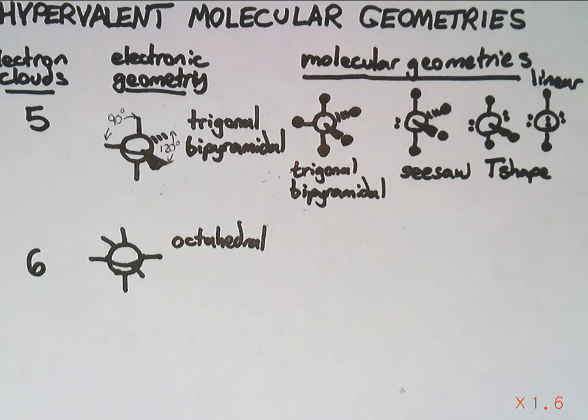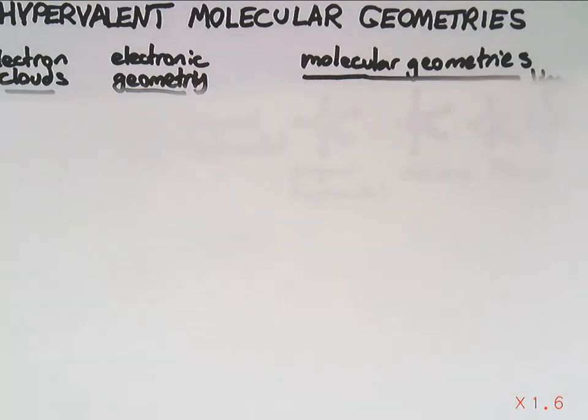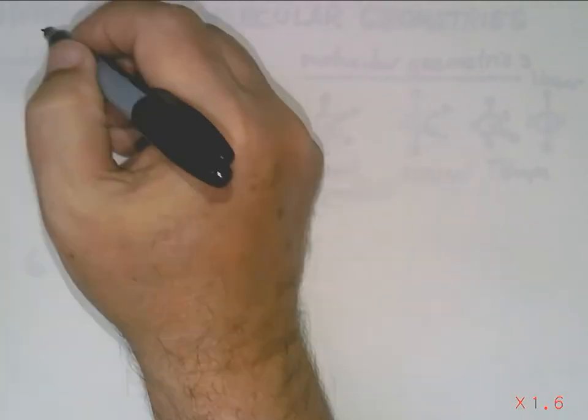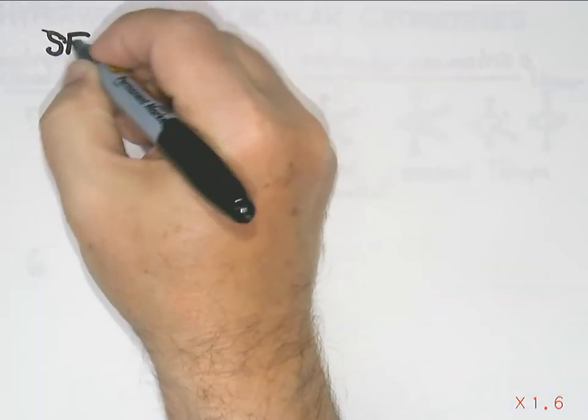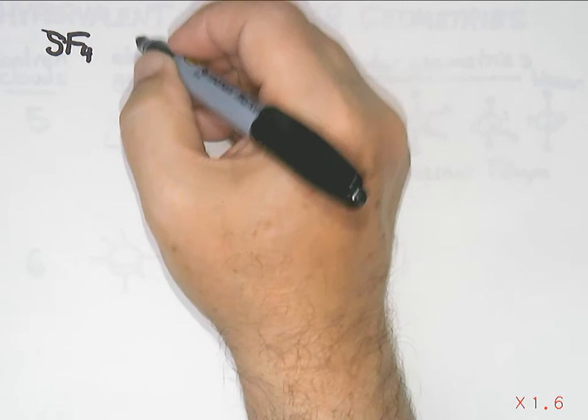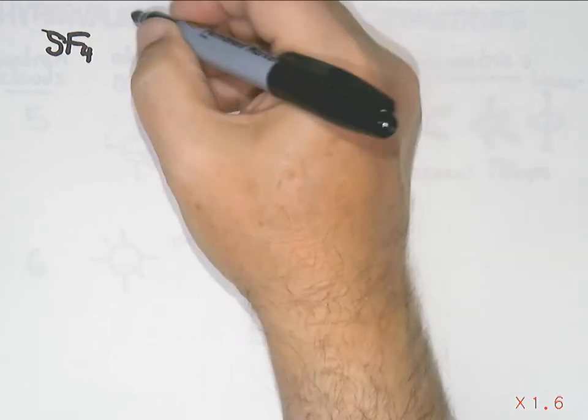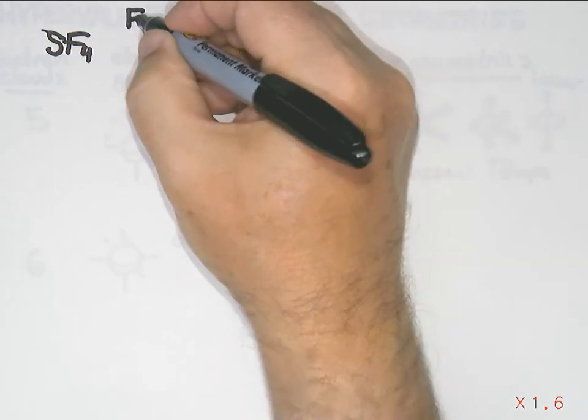Let's work out some molecules that have actually got these molecular geometries. Suppose I have SF4, which we've already done. So let's go back and look at the Lewis structure that we got for this. It's very similar to one you had on the worksheet last time.